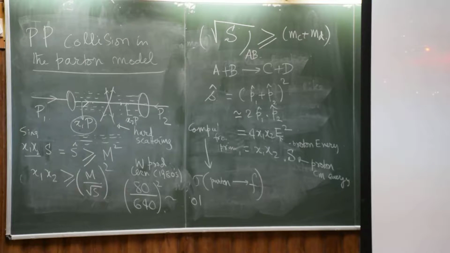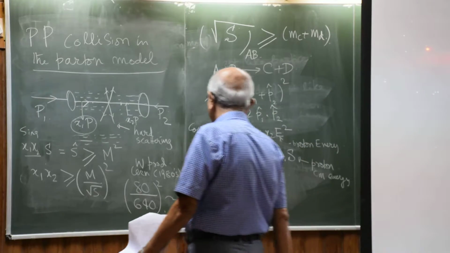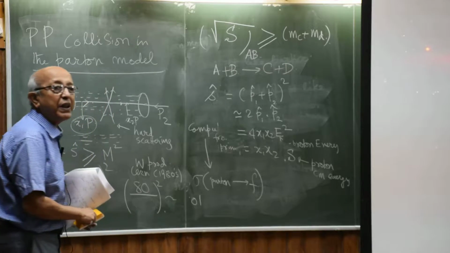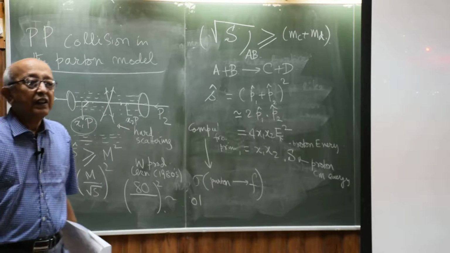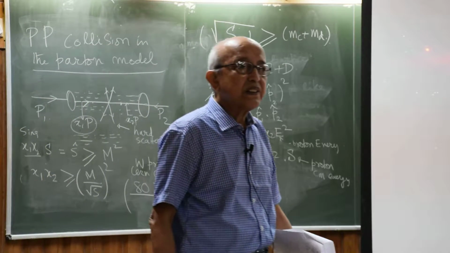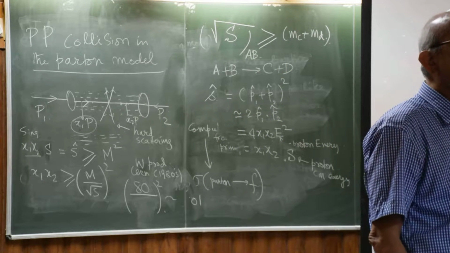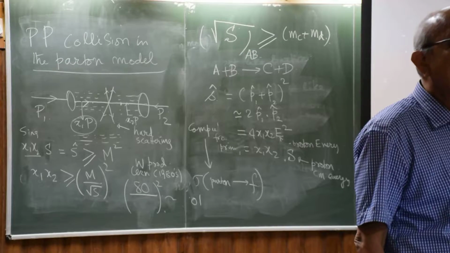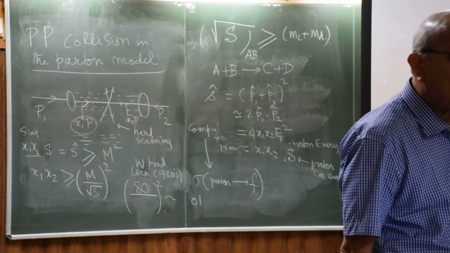But suppose this is LHC. You want to produce this in the LHC. Now what is the value? The total center of mass energy is 13 TeV.